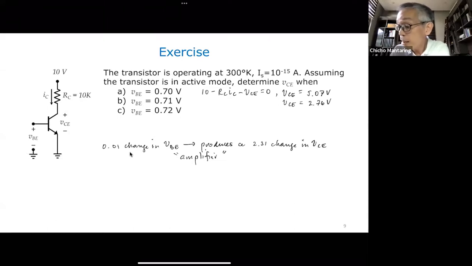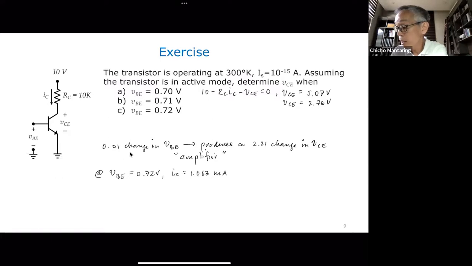Okay, let's check VBE equal to 0.72. At VBE equal to 0.72 volts, I'm going to get IC equal to, assuming my Shockley model, 1.063 milliamperes.